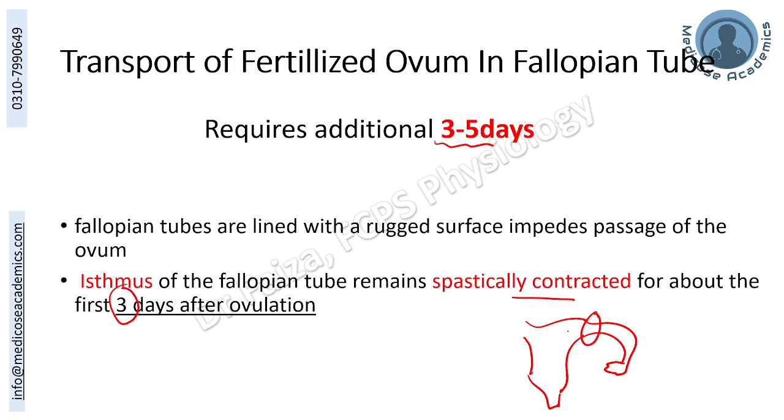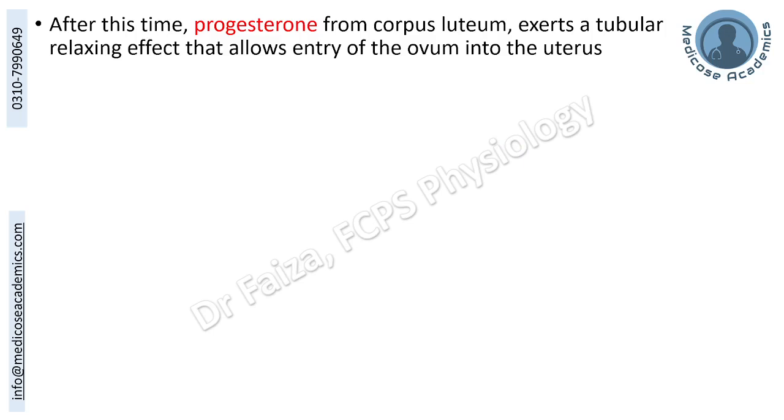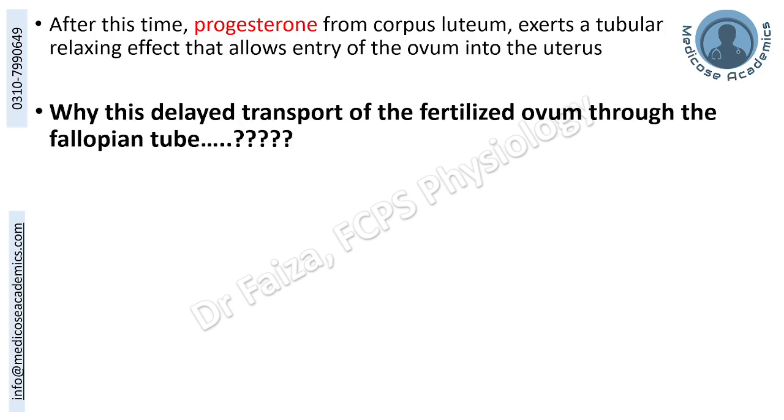So slow movement plus contraction of the isthmus retards the movement of the embryo to the uterine cavity, which is why it takes 3 to 5 days. After this time, the progesterone from the corpus luteum will exert a relaxing effect on the tubules and the isthmus will be dilated, and then the zygote will enter the uterine cavity.